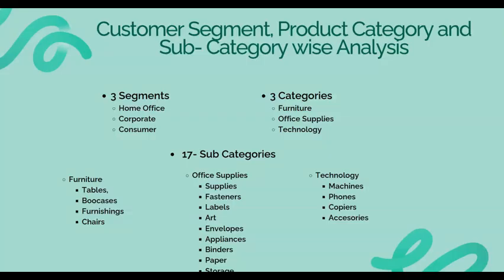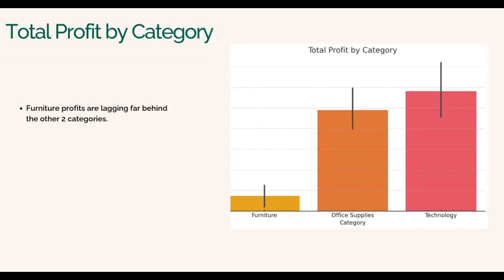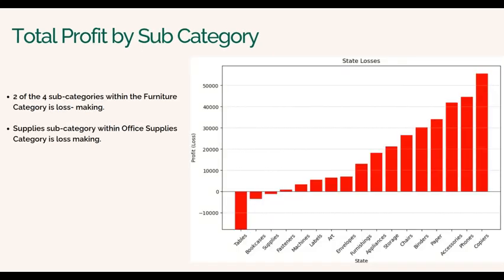You can see here, this is the furniture category, and tables and bookcases are subcategories of the furniture category. So the takeaway here is that they must focus on converting these loss-making subcategories into profit-making subcategories, specifically tables and bookcases, because furniture as a category as a whole is making very little profit, and even within its 4 subcategories, 2 of them are loss-making.